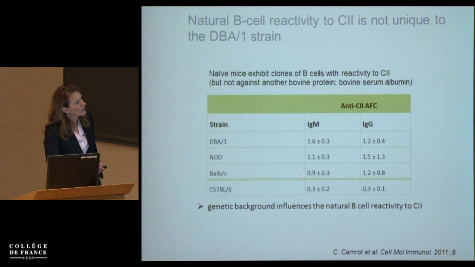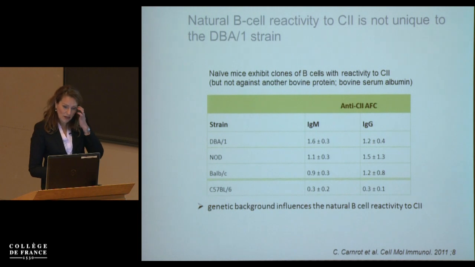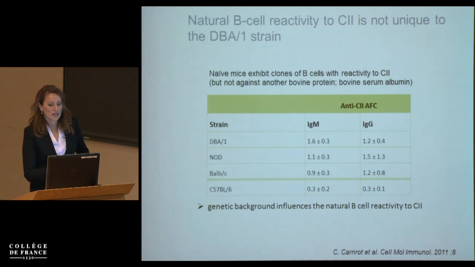And they all had a response against collagen, mostly IgM, but there was also some IgG response. But we also could see that there were differences in the strength. So C57 were not so good at having this spontaneous anti-collagen response, but some other strains were. So we conclude that the genetic background influences the strength of this natural B cell reactivity to collagen.